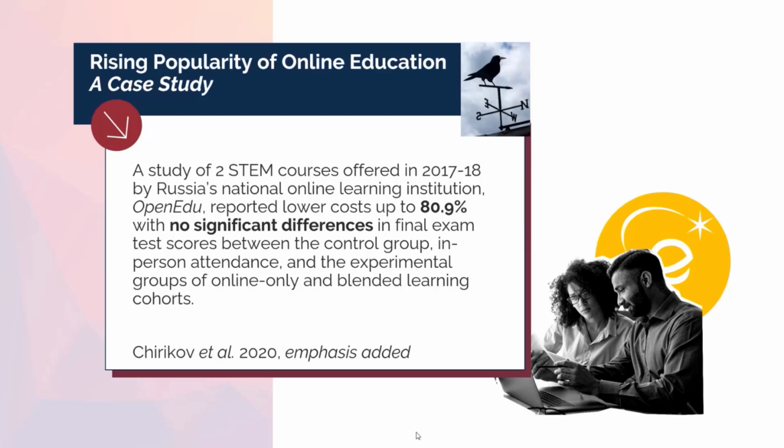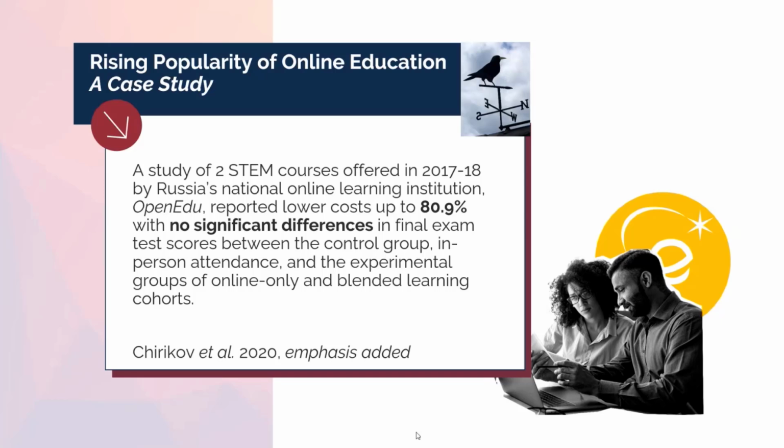They reported lower costs of up to 80.9% with no significant differences in the final exam test scores between the control group, your status quo in-person learners, and the experimental groups of online-only learning and a blended learning cohort.